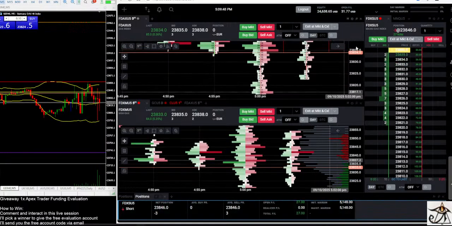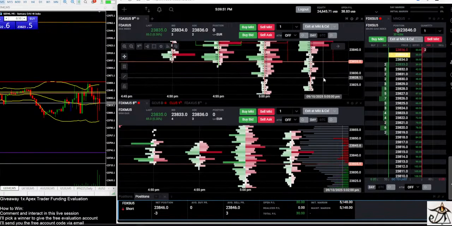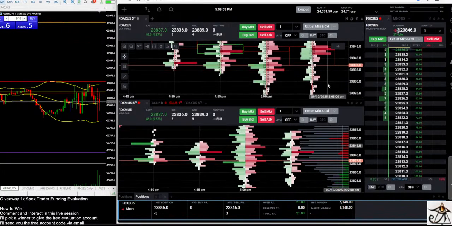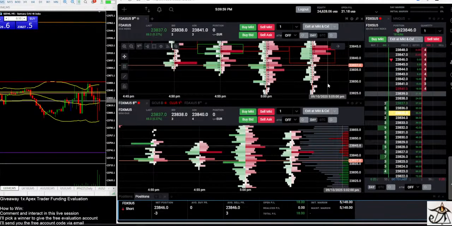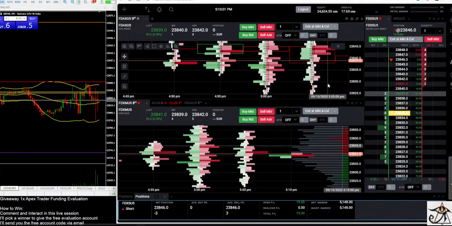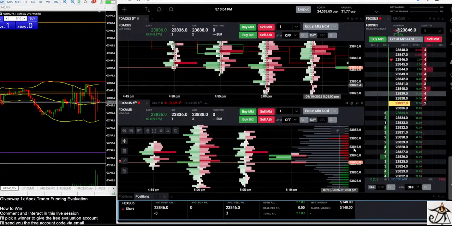I think there's a delay between these two. So I'm just waiting this out. I do hope it does push down, but the market doesn't seem as confident with any particular direction just yet.